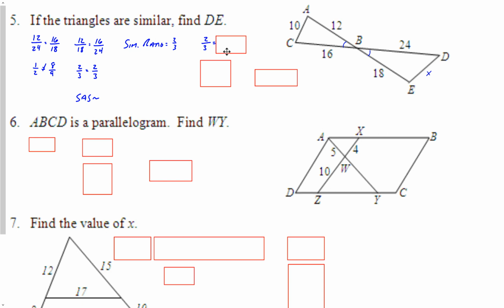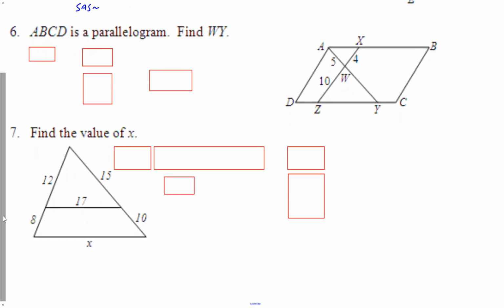So we need to make sure we keep that order in our proportion. So we'd have 10/x, smaller to bigger if you'd prefer that. Now cross multiply and solve, you'd end up that x equals 15. Now I am kind of particular about how your answer is. If I ask you for the length of DE, that's how your answer should be given. The length of DE is equal to 15, not x equals 15.